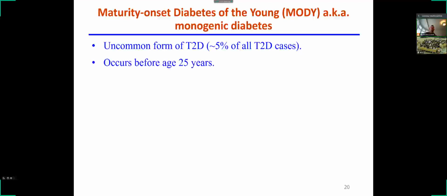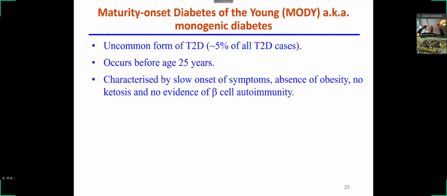So what about this monogenic diabetes that I mentioned to you? It's a very uncommon form of type 2 diabetes, with less than 5% of all type 2 diabetes cases. It typically occurs before the age of 25. It's characterized by very slow onset of symptoms. There's usually no obesity related, no ketosis, and no evidence of beta cell autoimmunity.